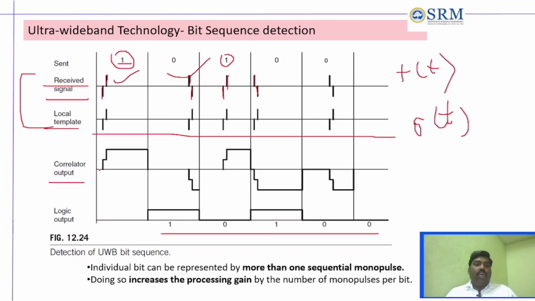So the correlated output will be like this, where after correlation, it will be integrated and sampled at regular intervals where you have some sort of delay here. And after sampling, we are able to identify whether the transmitted bit is 0 or 1 with a particular delay. You can see this is the delay for one time period. And after that, we are able to determine the same transmitted sequence 1 0 1 0 0 here, right?